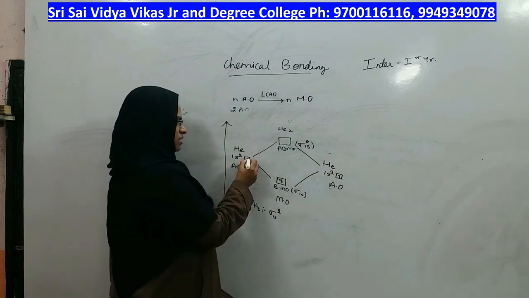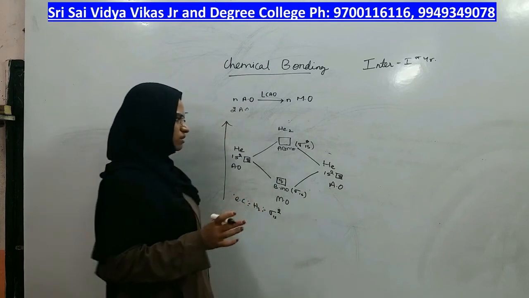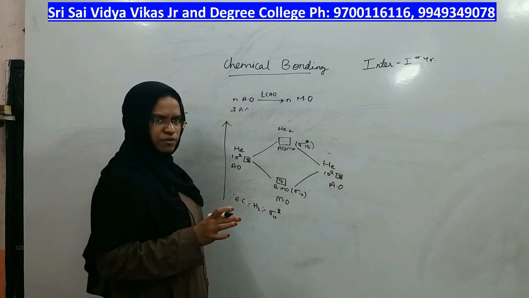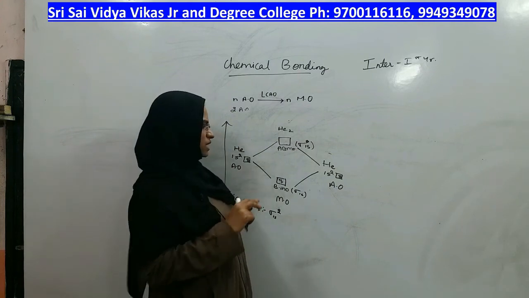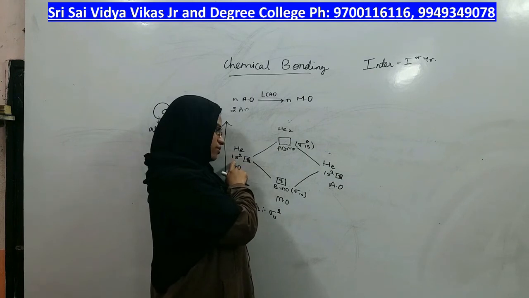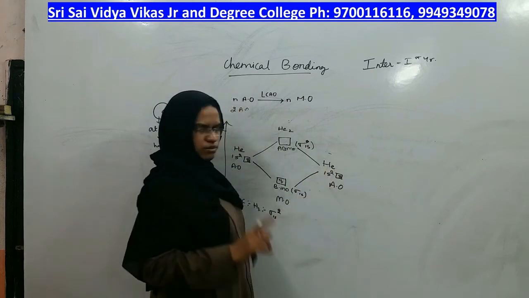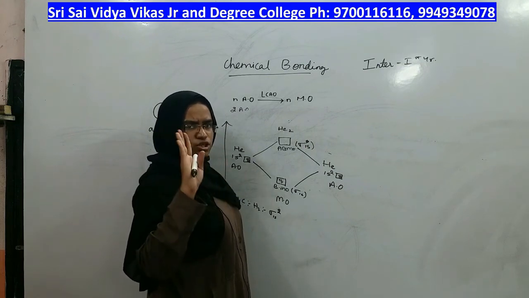So each helium has 2 electrons. In a molecule of helium, the total should be 4 electrons. And how many molecular orbitals should be formed? Here 1 atomic orbital, here another atomic orbital. Total molecular orbitals should be 2 only, and total electrons should be 4.